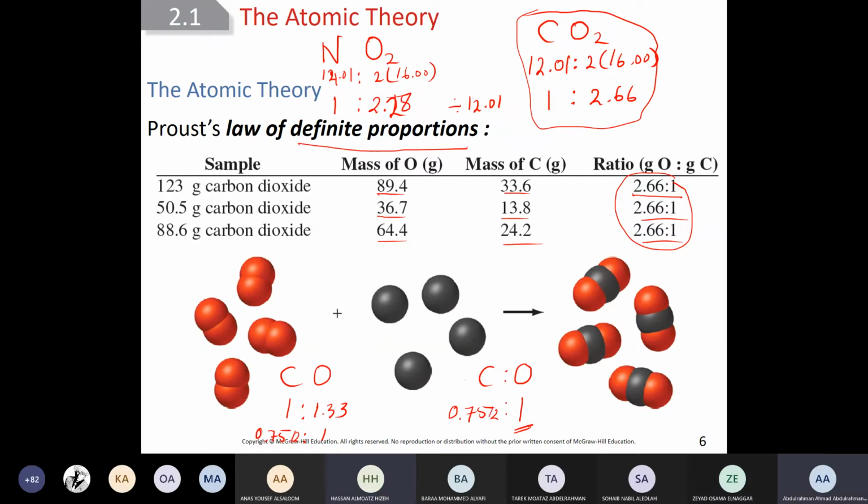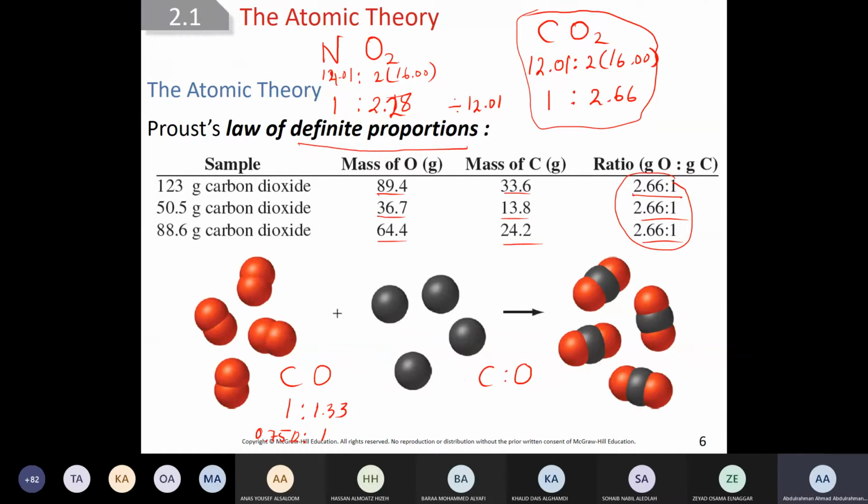How can I define the mass of oxygen alone and carbon alone? If I have a sample of 123, how can I say that it's 89.4 oxygen and 33.6 carbon? Let's use this method now, and do it for CO. I'll come back to CO one more time.